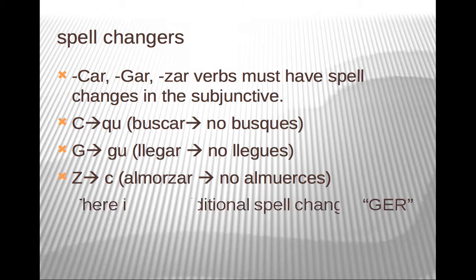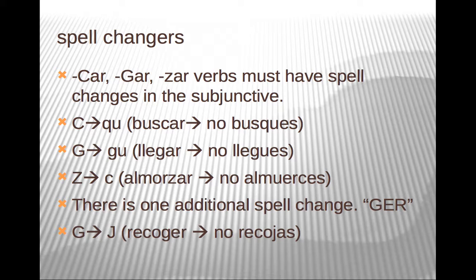Okay. Oh, by the way, there is one more additional spell change. It's ger/gir. So now we have car-gar-zar and ger/gir. It is a G to a J because recoger, for example, means to collect or pick up.